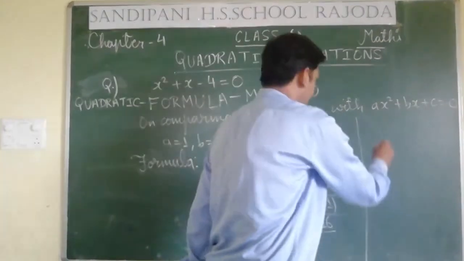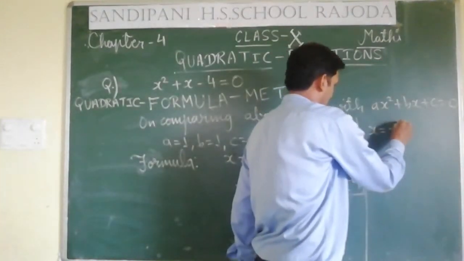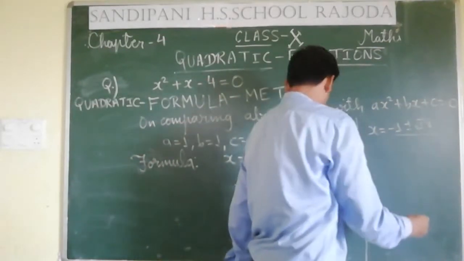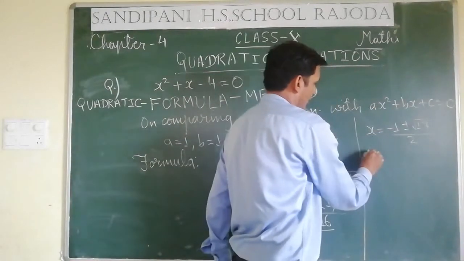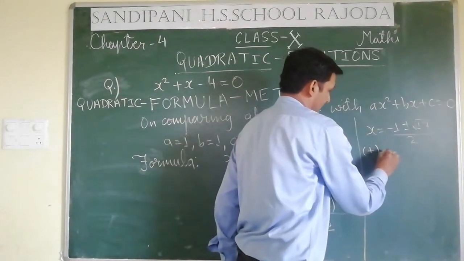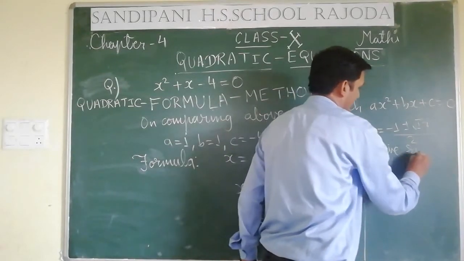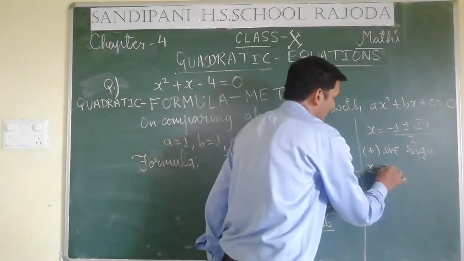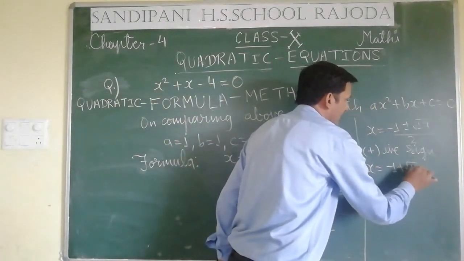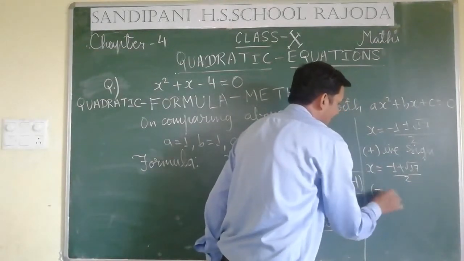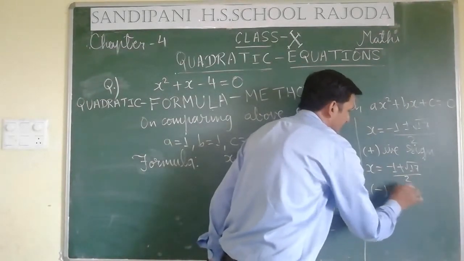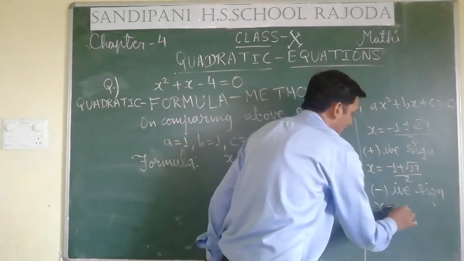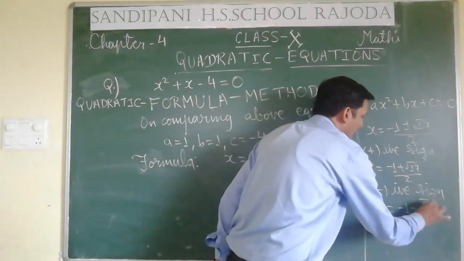So x is equal to minus 1 plus minus root 17 upon 2. On taking positive sign, x is equal to minus 1 plus root 17 upon 2, and on taking negative sign, x is equal to minus 1 minus root 17 upon 2.